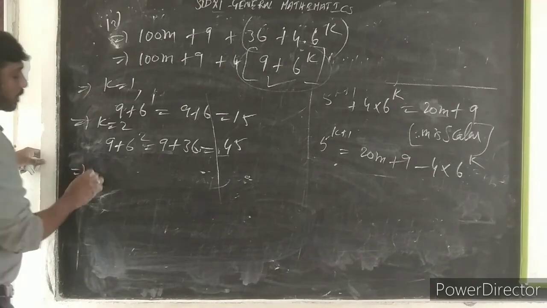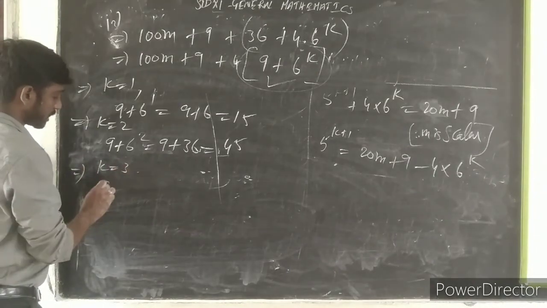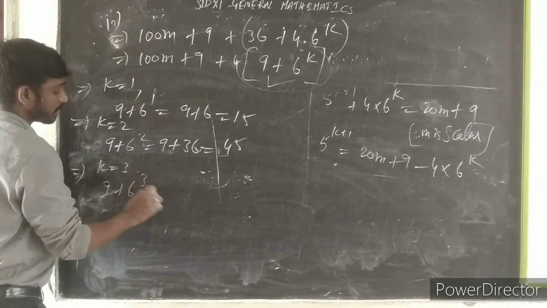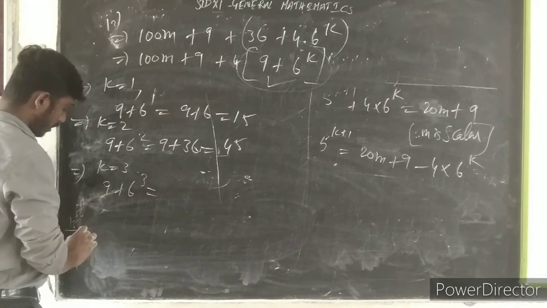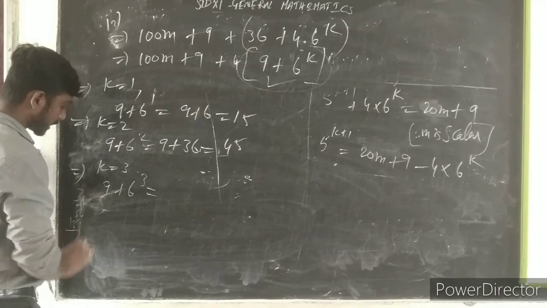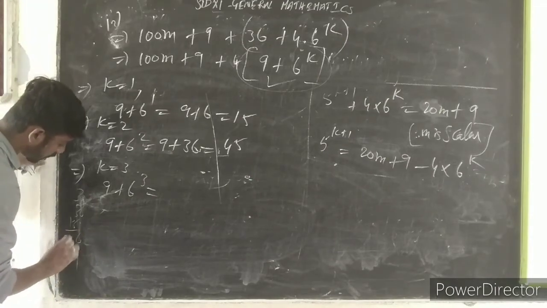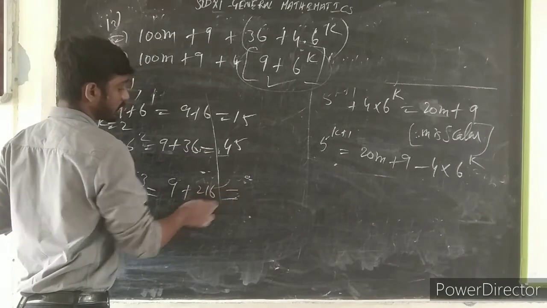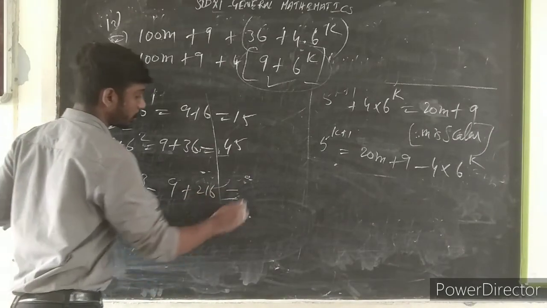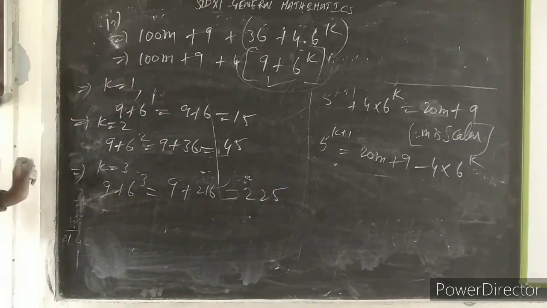Now if we substitute k equal to 3, we get 9 plus 6 power of cube, that is 6 sixes are 36, into 6, which is 216. So 9 plus 216 is 225. What is the value we are getting? 225.